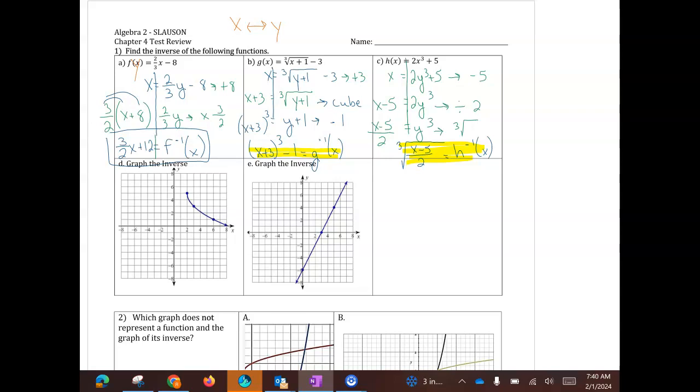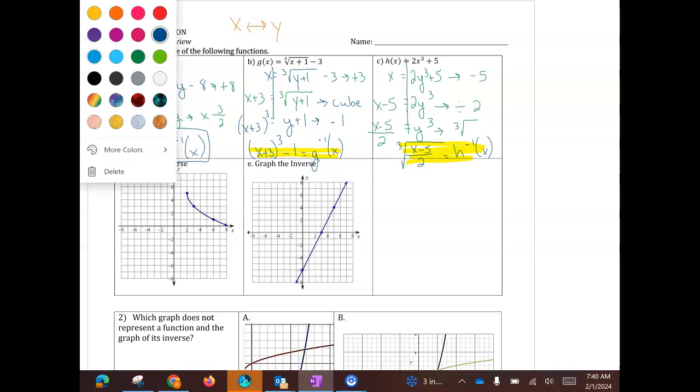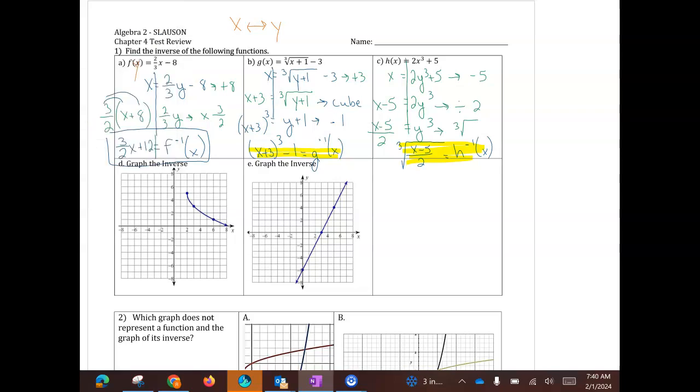So right now, my x's and y's, for the current graph, these points right here are 2, 5, 3, 3, 6, 1, and if you notice the last one, that is 8, 0. So all I'll have to do is just take those points and flip them around and then graph those. So instead, 5, 2, 3, 3, 1, 6, 0, 8.